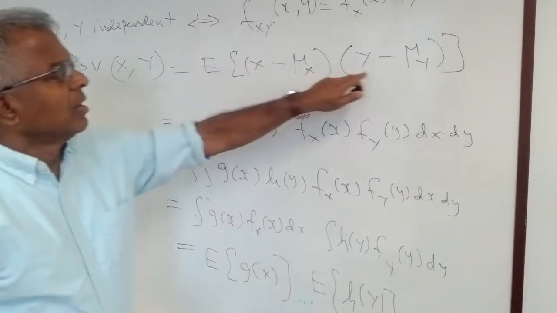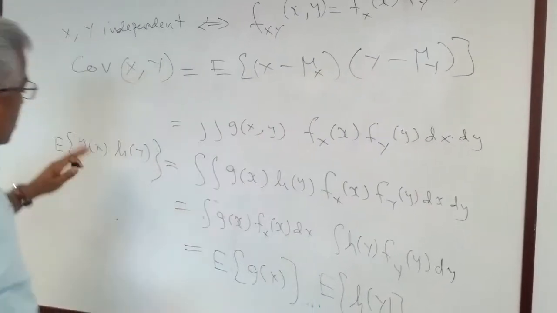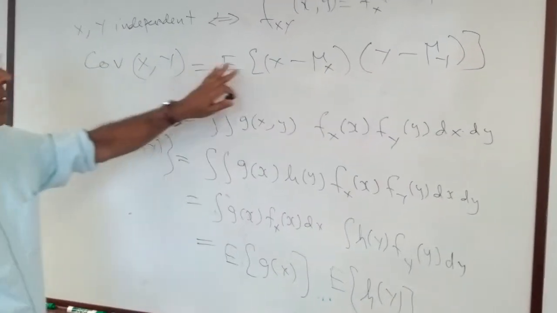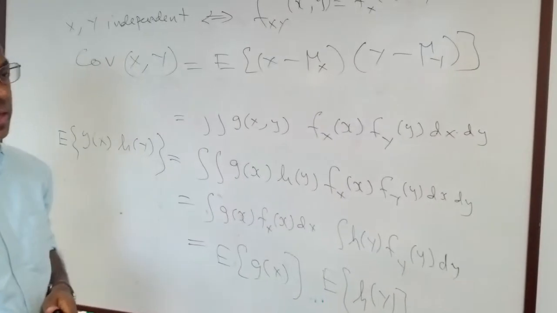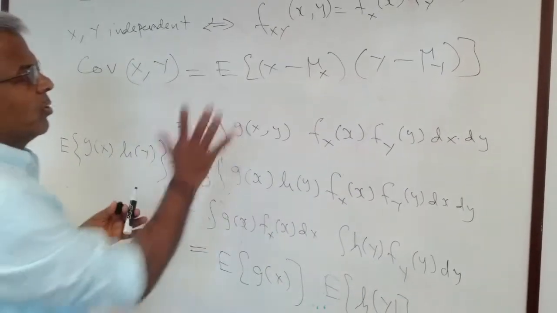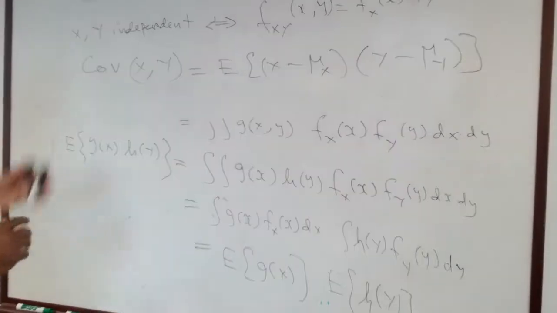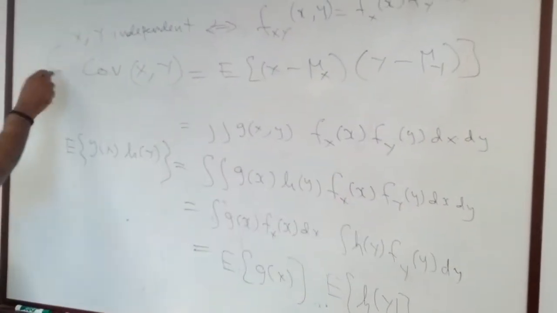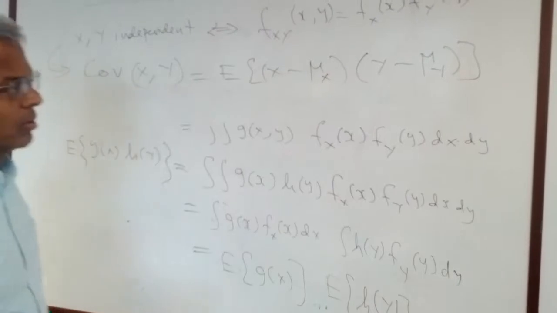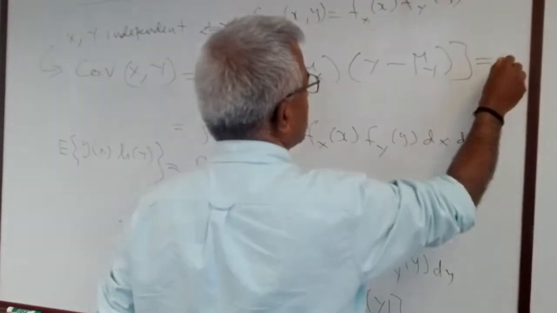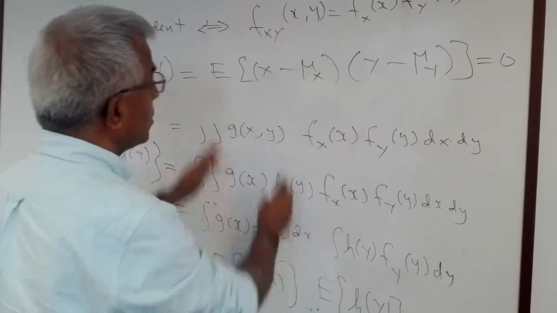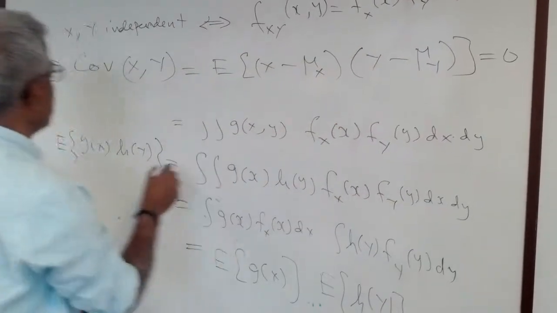But notice that it splits into two functions. So if x and y happen to be independent, then this is the product of the expected values. Of course, you can see the covariance is 0, because the expected value from here is the product of the expected values.